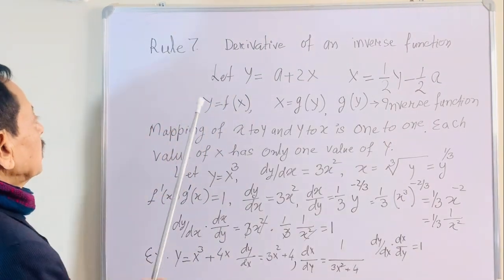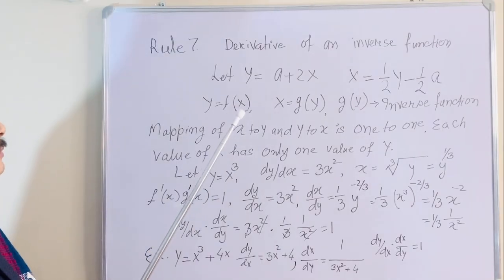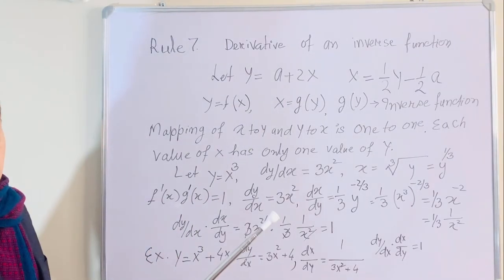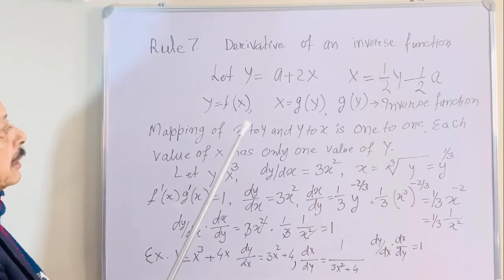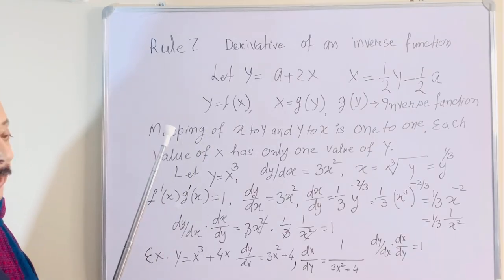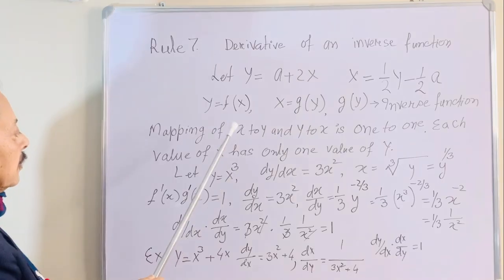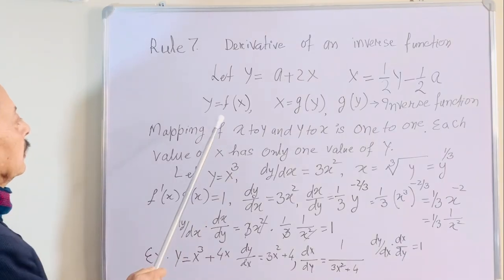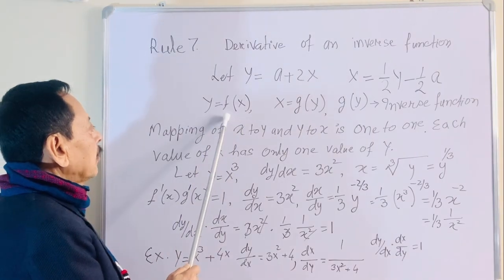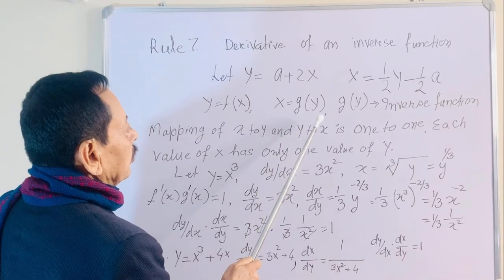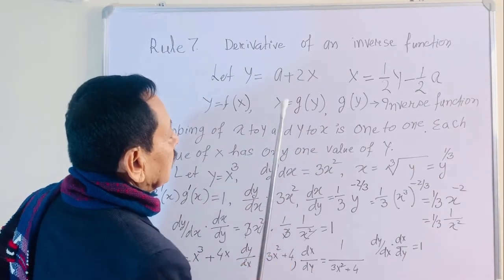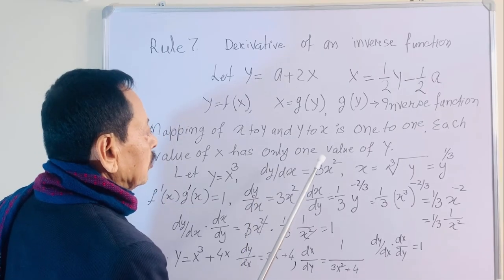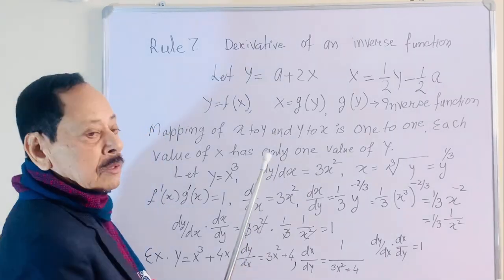So this is all about the derivative of an inverse function. So our derivatives will be correct if the multiplication of the derivative of the main function with the derivative of the inverse function is equal to 1. So it must be 1.